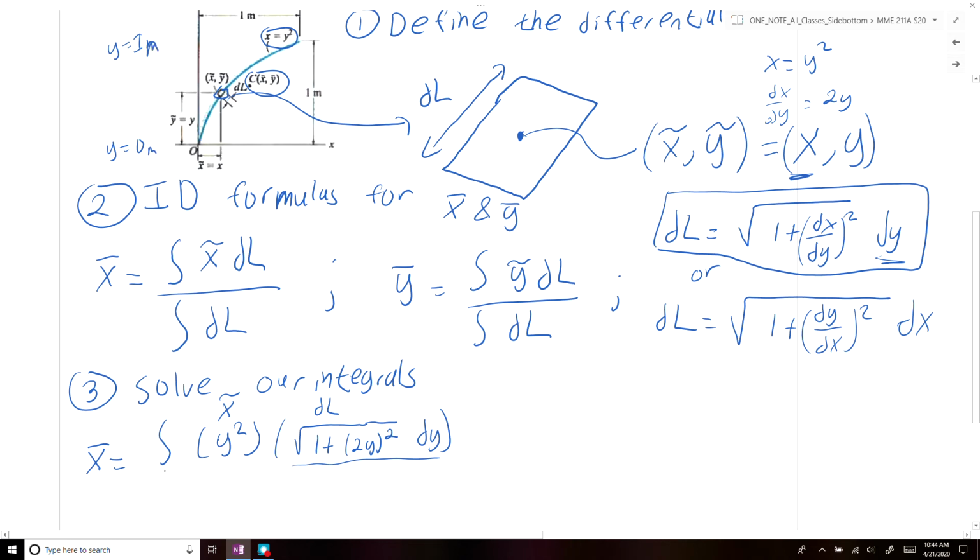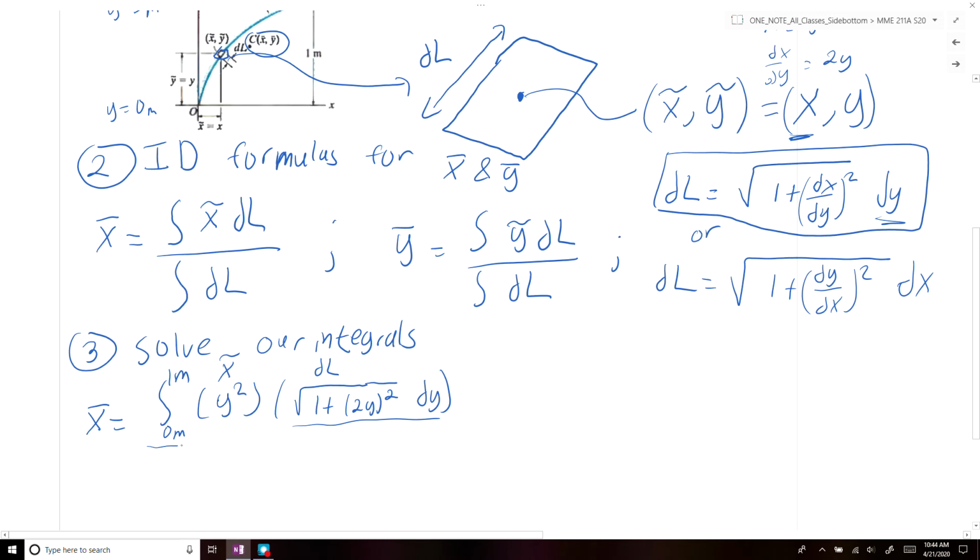And then on the bottom of our equation, we would just have the integral of dl. So it would also go from 0 to 1 meter, and it wouldn't have the x tilde term, so it would just be equal to the square root of 1 plus (2y) squared dy.